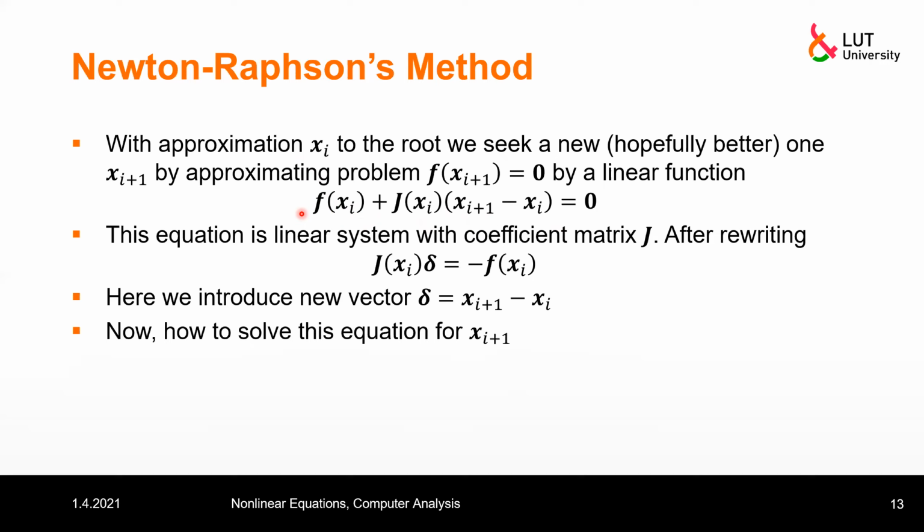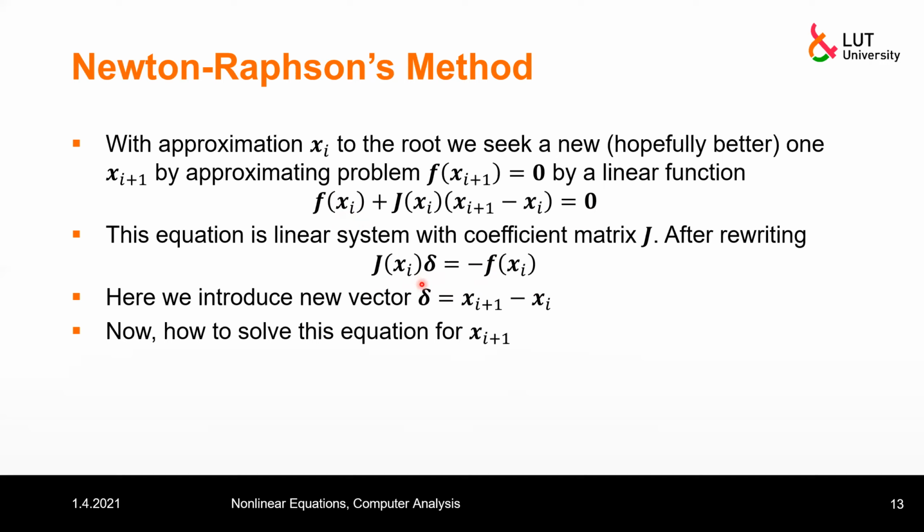So this came directly from this Taylor expansion. And to get xi plus 1, we have to put our function at the current point on the other side, and we get this equation. We put delta here, so this is a matrix, this is an unknown vector, and this is a known value. So this is the standard problem: A times x equal to b, right-hand side. And we must solve it for delta.